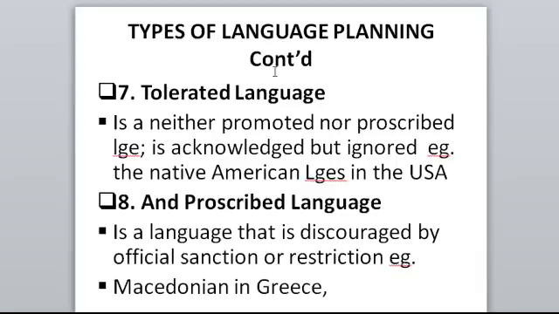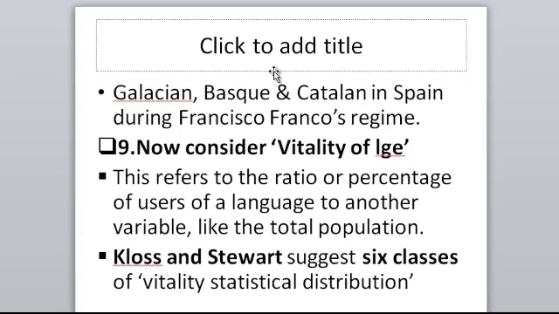It is discouraged by law. And then you have Galician, Basque, and Catalan languages in Spain. These were proscribed during Francisco Franco's regime.